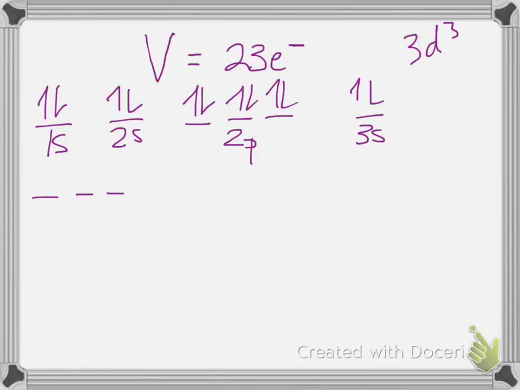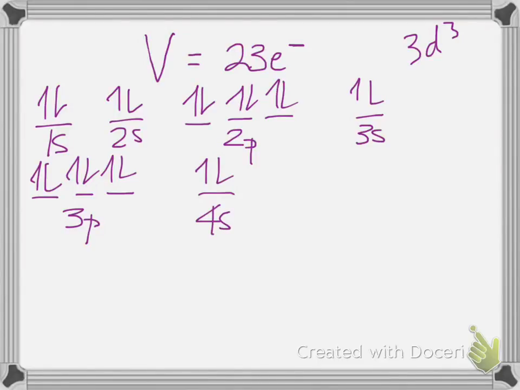Then comes 3p, up and up and up and down and down and down. And then after 3p comes 4s, up and down. And then comes 3d. How many lines do I draw for a d orbital? 5. It has 5 orientations. 1, 2, 3, 4, and 5. So this is 3d. It requires less energy to fill the 4s. That's why we fill it first, and then we go to the 3d's. And then 3d3, so we say up, up, and up.